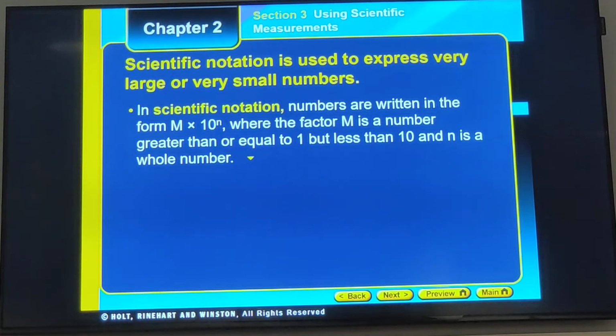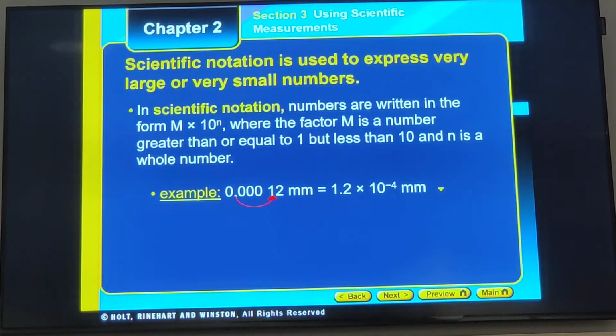We put the decimal after the number that's between 1 and 10, and then you can have some digits after that. And then the n is going to be a whole number, and it's the power. It could be negative, it could be positive, depending on which way the zeros are placed.